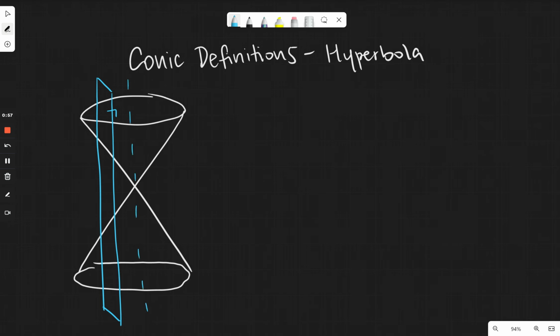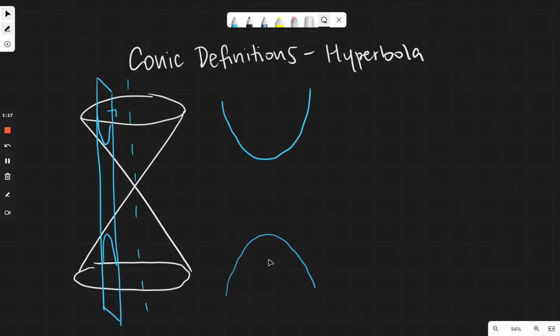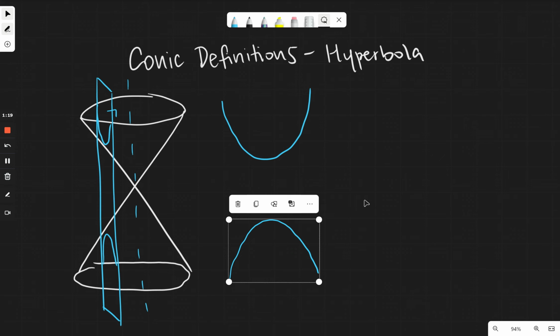So it has to intersect at this angle, and then when it does, the cross sections will form this shape, which, as you know, or at least as you should know if you're watching this video, is the shape of a hyperbola. Pretend that's actually lined up. But yeah, it's the shape of a hyperbola.